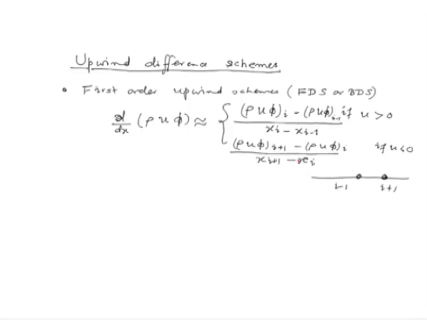So in the first case we have used what we would call a backward difference approximation, and when u is less than 0 we would have used what is exactly our forward difference scheme.